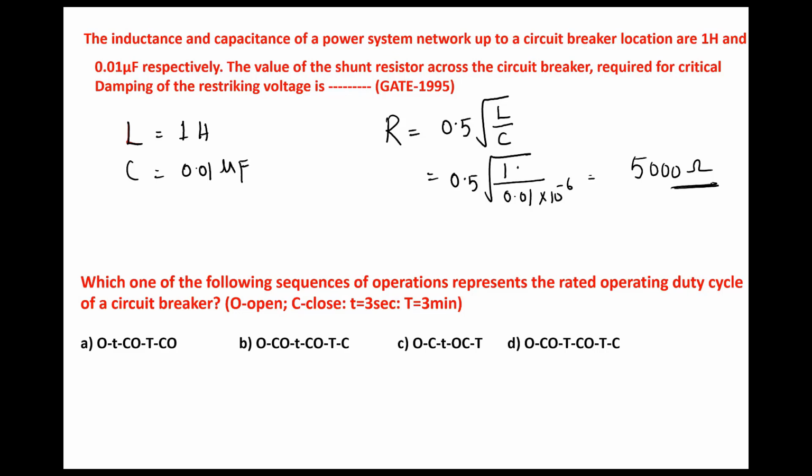He will immediately close the circuit breaker. Suppose the fault is still existing, it is a persistent fault, again it will open. First it has tripped, it takes some time for that person to come, reset and again close the circuit breaker. Immediately it again trips because the fault is not cleared, the fault is still there.